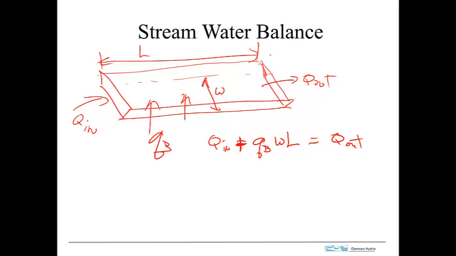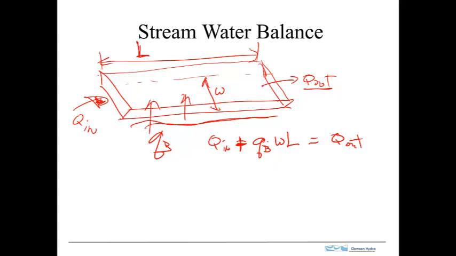We often define chunks of streams as reaches that have some length here. And what we're saying is that the flow that comes into this reach is equal to the flow that goes out plus the flow that comes in over the length of the reach as groundwater discharging into the stream.